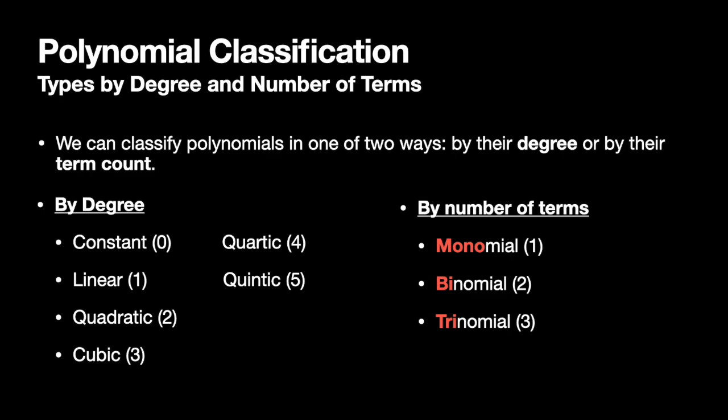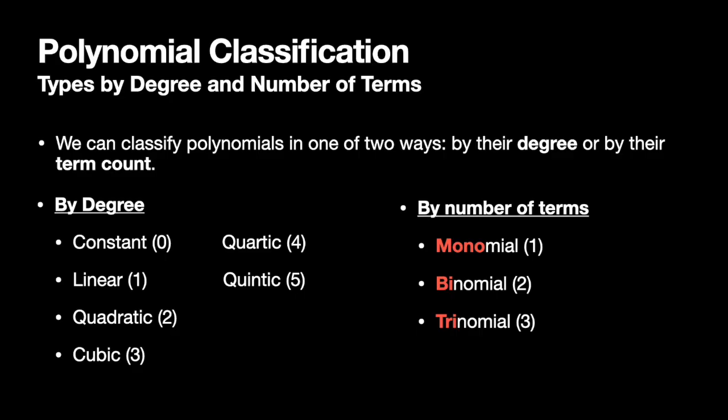If you have a degree of 1, we call it linear. If you have a degree of 2, we call it quadratic, 3 cubic, 4 quartic, 5 quintic. And there are more names such as 6, 7, 8, or 9, but they're typically not assessed and typically not asked about in math.